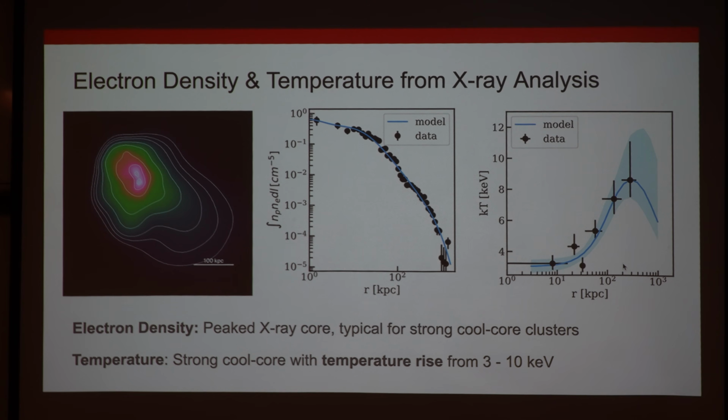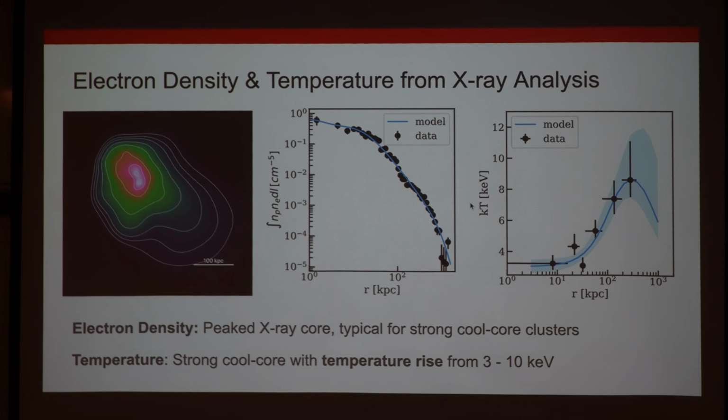So the first thing that we did after we got the data was to identify the morphology, and the second thing is to get the profiles. Here is the density profile, and here is the temperature profile. Like the previous slide, here is a very peaky density profile, and here is a strong cool core temperature in the center.